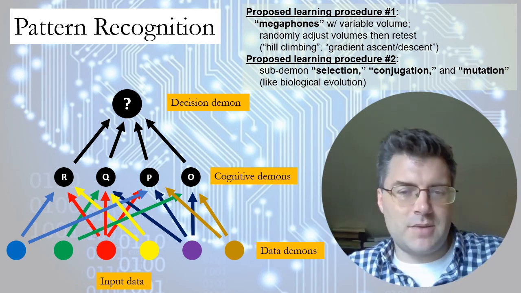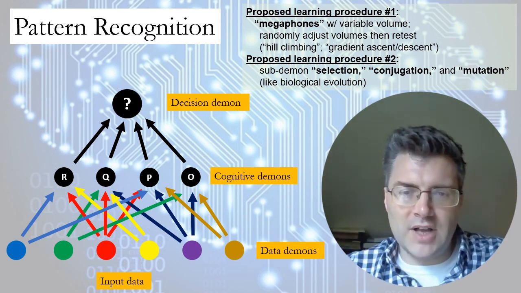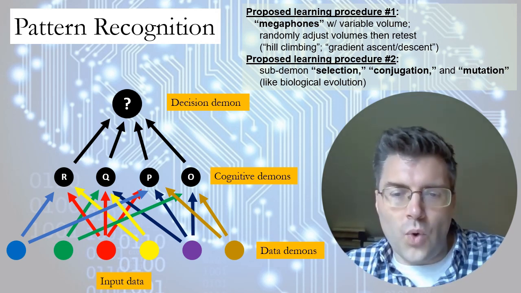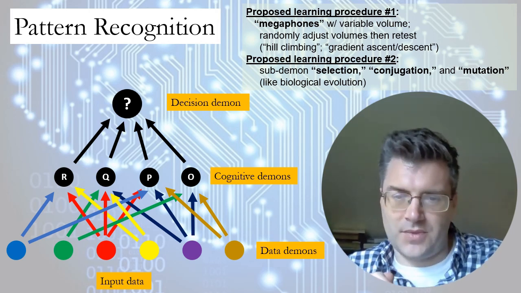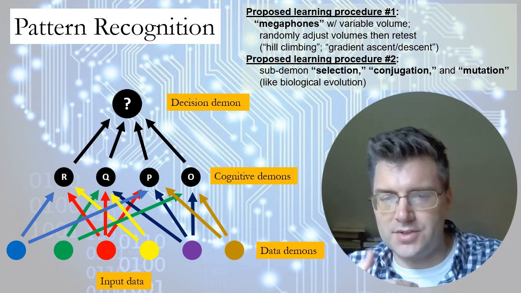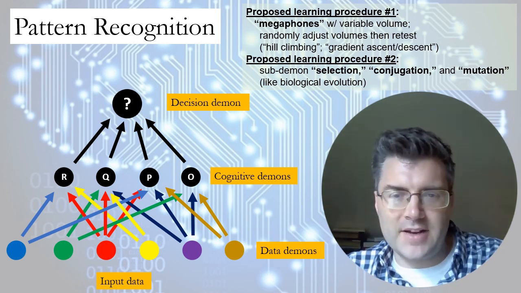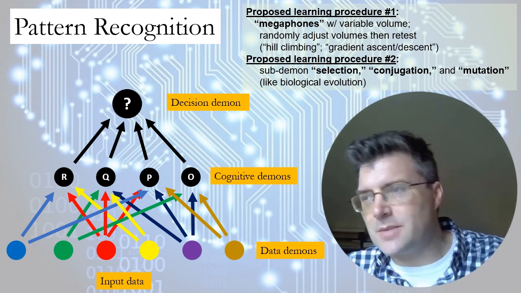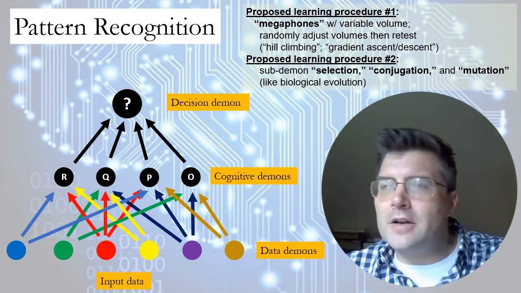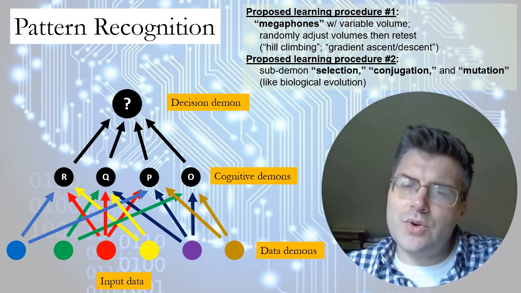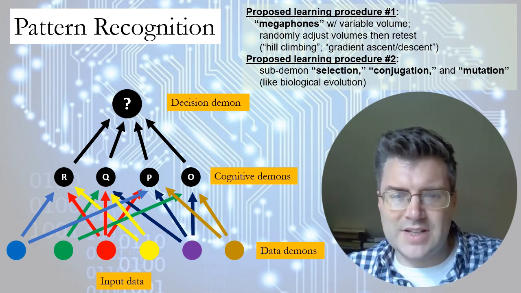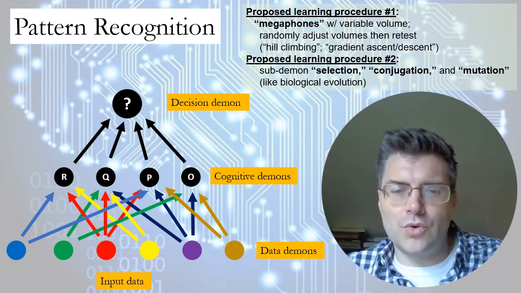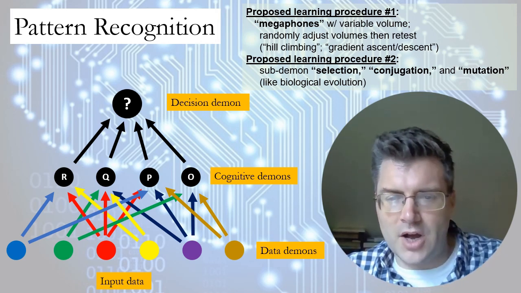And so having each of the demons have a megaphone with an adjustable volume allows you to do something like this. Once you have asked the whole system to classify a set of letters, say 50 letters, and you find that it's misclassifying some of them, it has, say, an 80% accuracy rate, then you can carry out a procedure like this. You can randomly adjust the volume slightly and then run the test again and see whether or not the system improved.